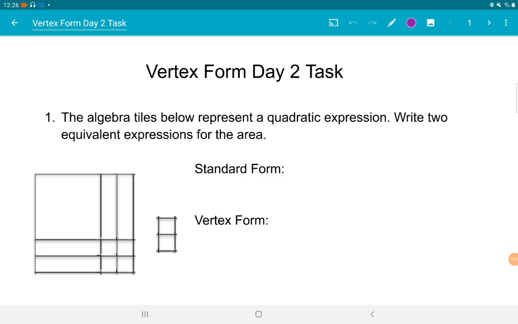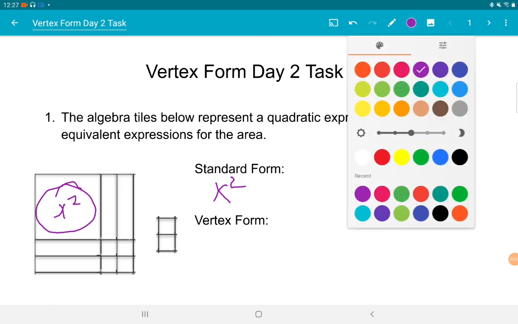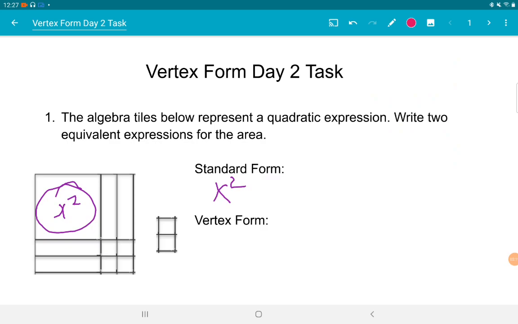Okay, so we have here some algebra tiles over on the side of number 1. Remember this big square right here represents x squared, okay? So the standard form will start with just an x squared in there, right? Now remember, these long skinny ones represent x.